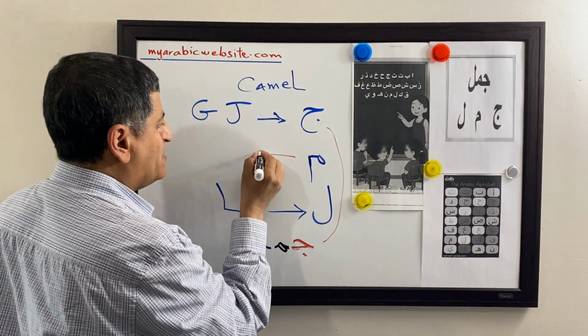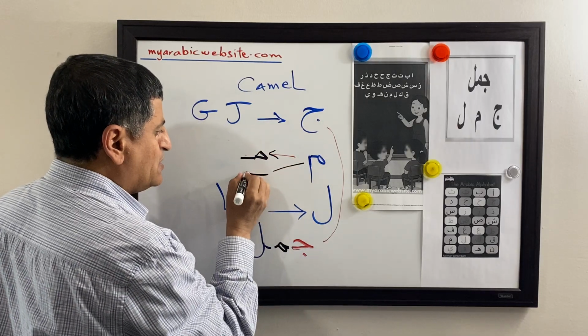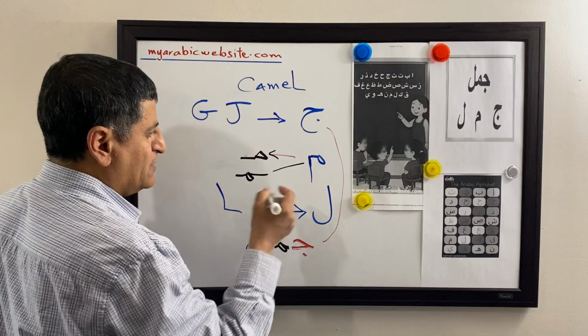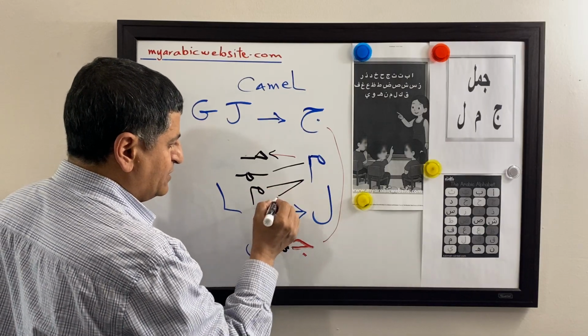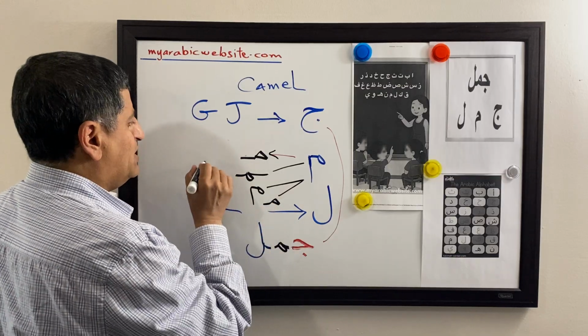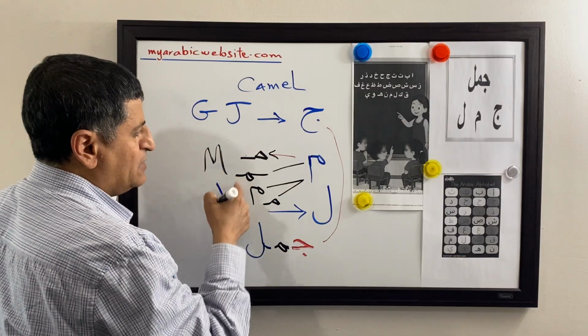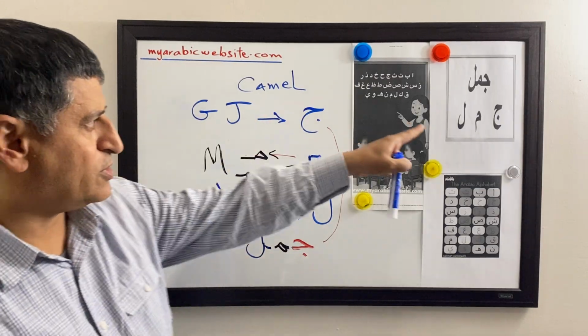So this is Mim in the beginning of the word. This is Mim connected in the word like that. This is Mim at the end, or sometimes it has a different shape like this. Mim, as we said, like the M sound. So Jamal. Okay, this is one word.